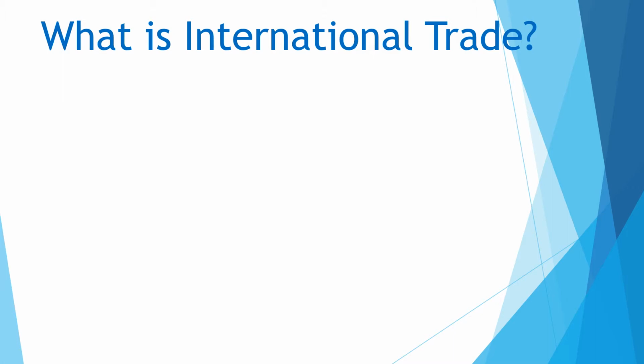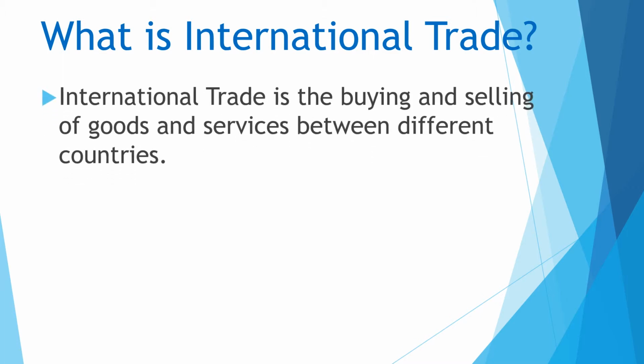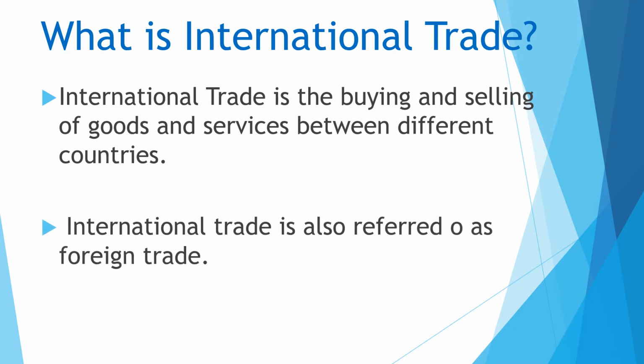So exactly what is international trade? International trade is the buying and selling of goods and services between different countries. Another name for international trade is foreign trade. So international trade can also be referred to as foreign trade.